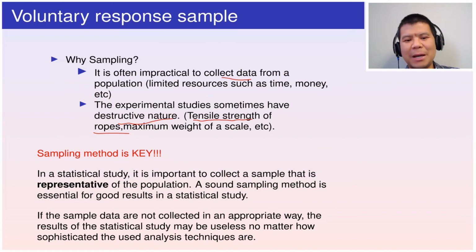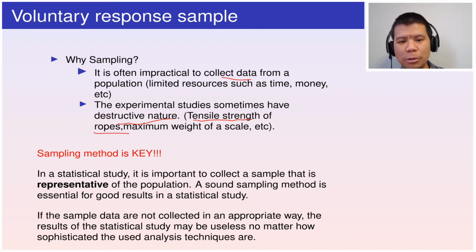Now, another example is the maximum weight of a scale. You do not want to try that out. If you add weights to the scale, one more pound and one more pound, until it collapses, until it fails, then that's not good.